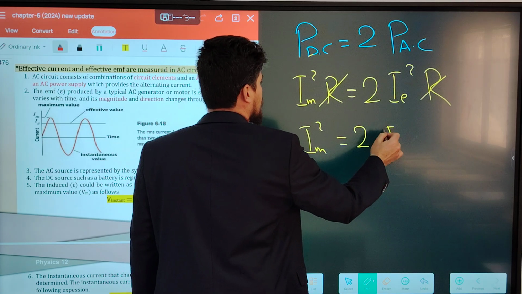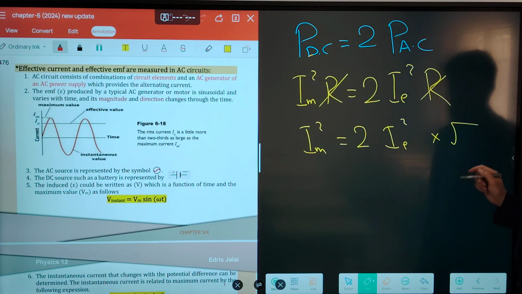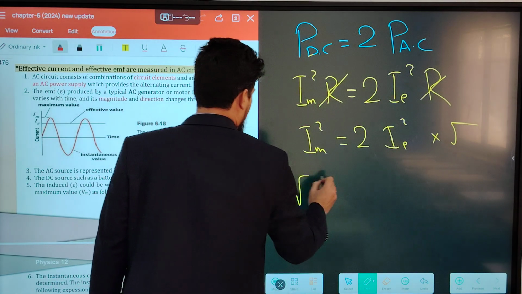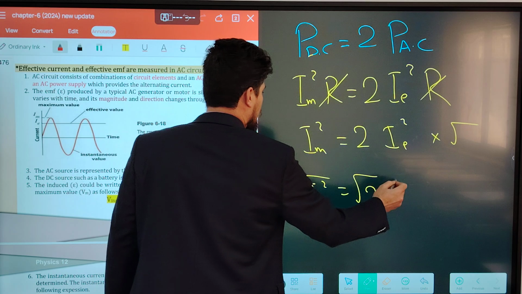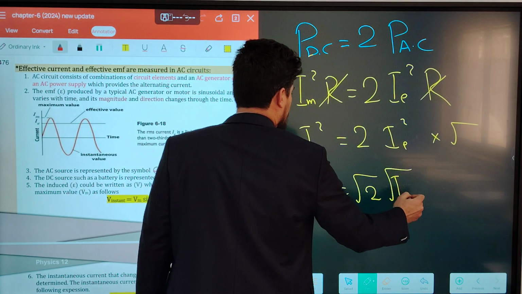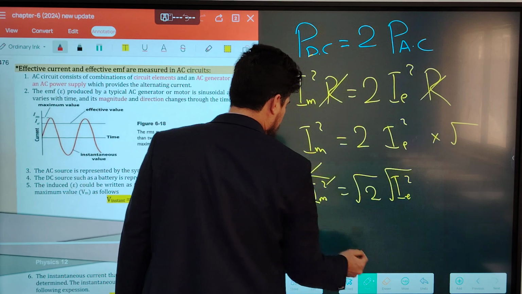2 times IE squared. Take the radical to remove this square: radical IM squared equals radical 2 times radical IE squared. The square with the radical cancels. What does remain?